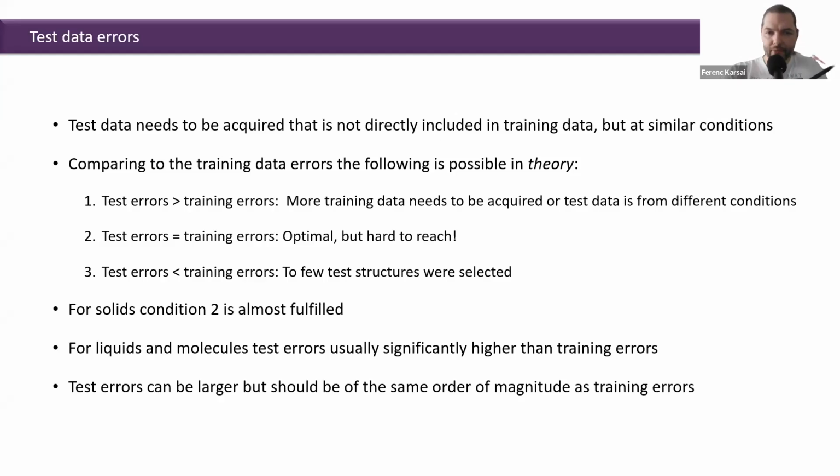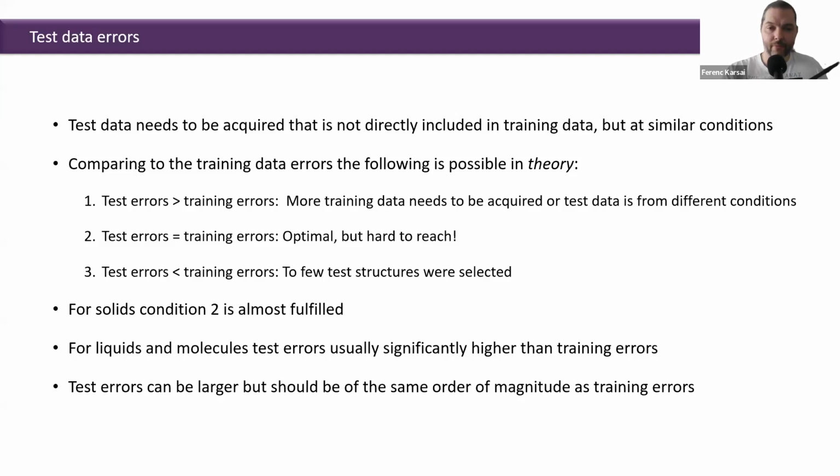Comparing to the training data errors, the following cases are possible, but this is just theory; we will see that reality is a little bit different. First, test errors are larger than training errors. This means the force field is not accurate enough and more training data should be acquired. Second, test errors are equal to training errors.